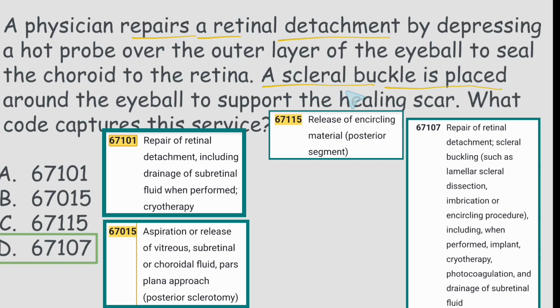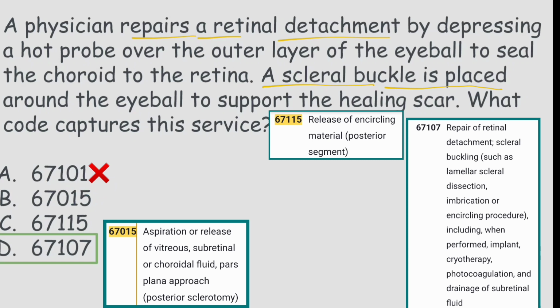In the scenario, they have given scleral buckle. So we have to code 67107. So eliminate option A, and option B 67015 is for aspiration or release of vitreous, subretinal or choroidal fluid, pars plana approach. So that is also not matching with the scenario.